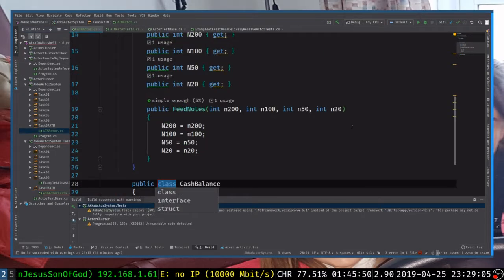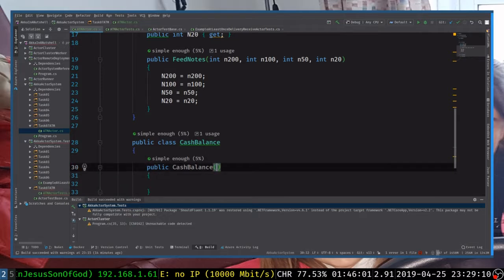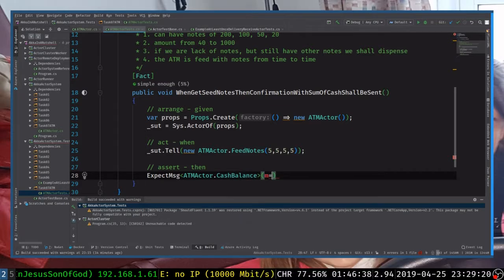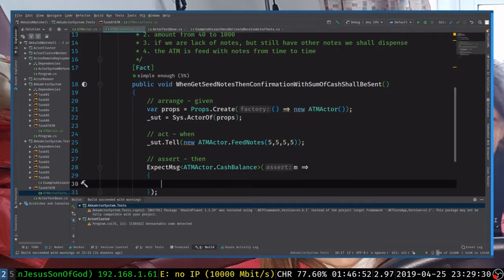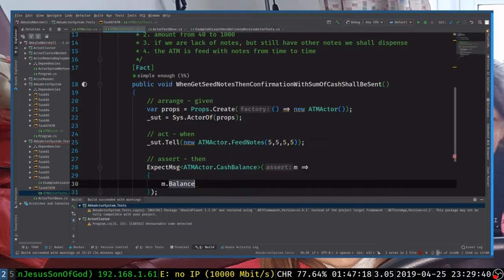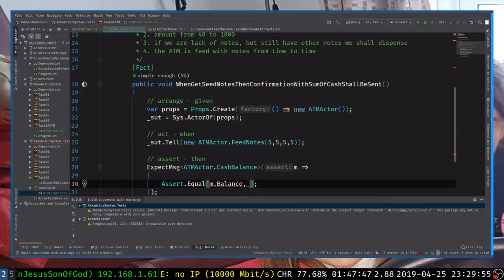Okay, and we will have here cash. Okay, and we need to think what we will have in this, so that m dot balance, so insert equal same true expected, and then we will have our 5 times 200.